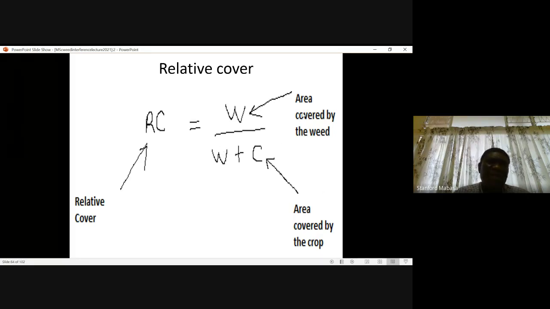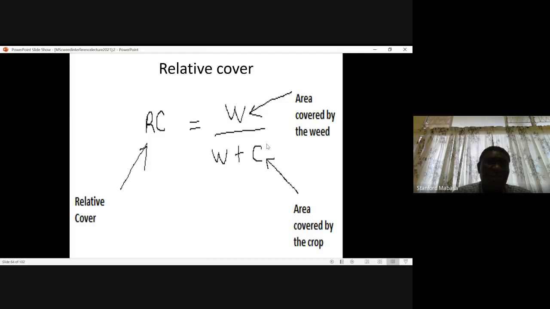So the relative cover becomes your estimated area covered by the weeds divided by the area covered by weeds plus area covered by crops. And that ratio gives you relative cover.